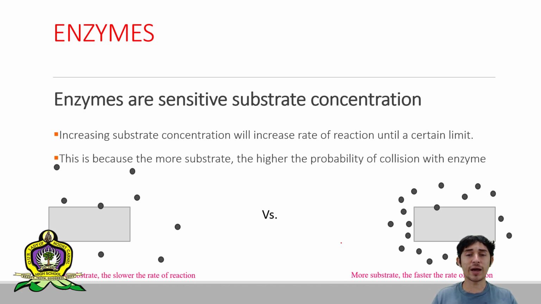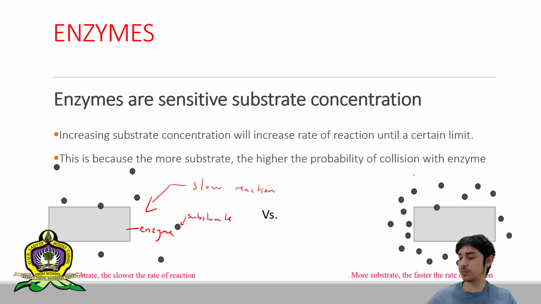In these two diagrams that I'm trying to portray here, this gray box represents an enzyme, and these little circles represent the substrate. In this scenario, we will have a very slow reaction.